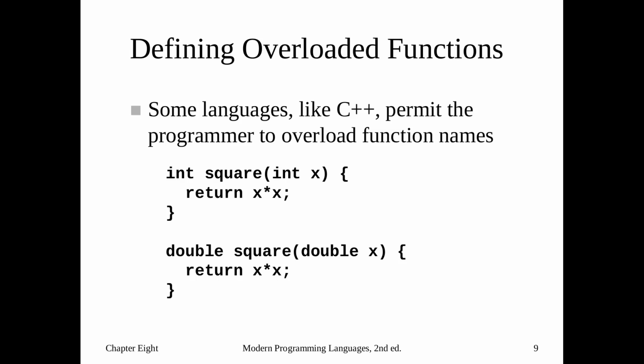You can also overload function names in C++ and a significant number of other languages, right? You can define a variation of the same function that takes in different types for parameters and has a different return type but the same name. Now this gives us more flexibility, but it also makes it more complicated to understand which one we pick.